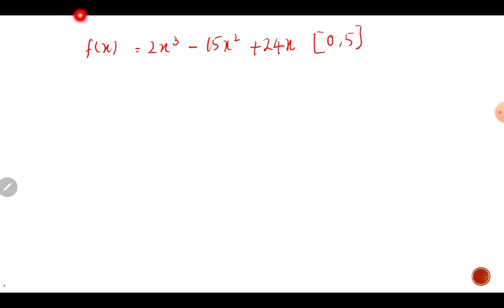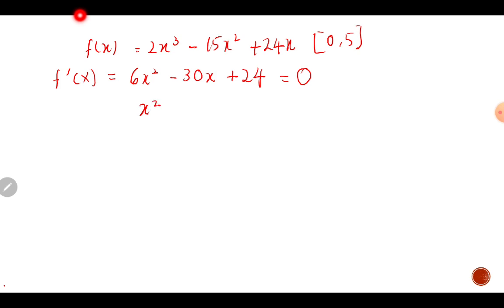So the first step, we find f prime x first, because we need to find the critical numbers. So f prime x, we differentiate 2x cubed, we get 6x squared minus 30x plus 24. So we let it equal 0. We can factor this, so we factor out 6 first.